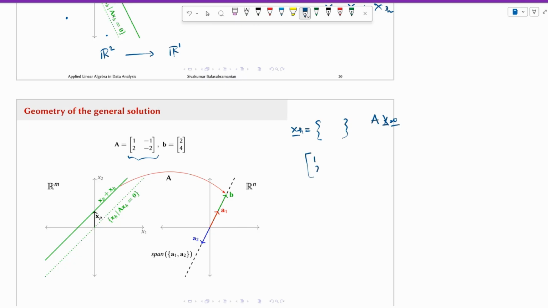Let's write it down: 1, 2, minus 1, minus 2, times x1, x2. I want this to produce a zero vector. What possible values of x1 and x2 can I choose?